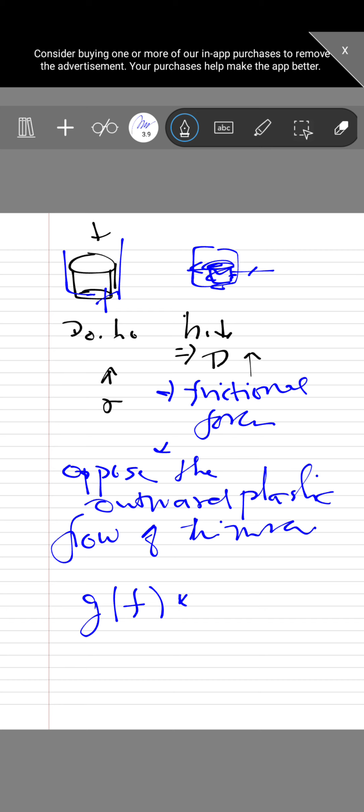Now the friction occurs in the part where the metal is in contact with the system, whereas there are regions where the outward flow is undisturbed.